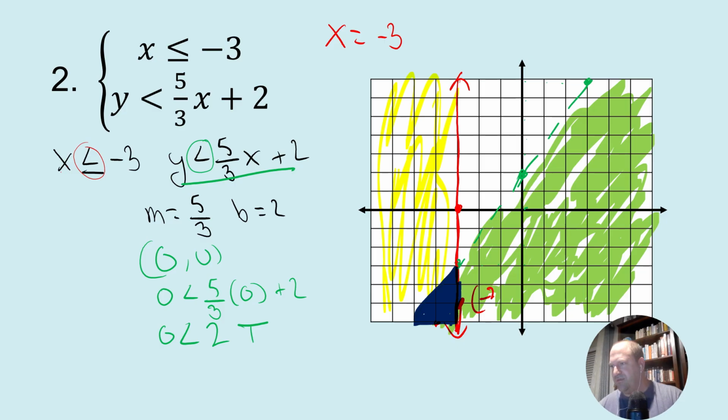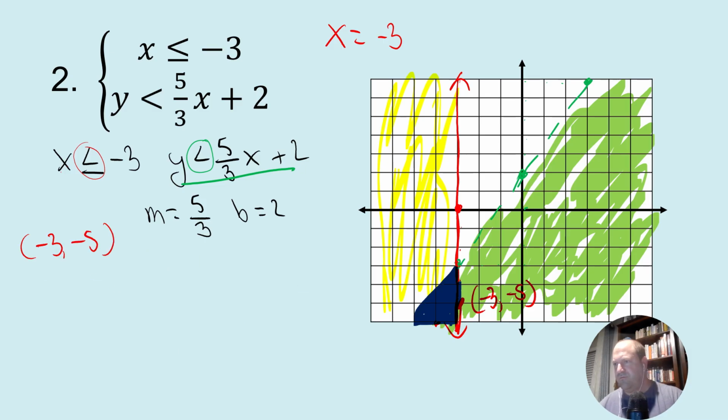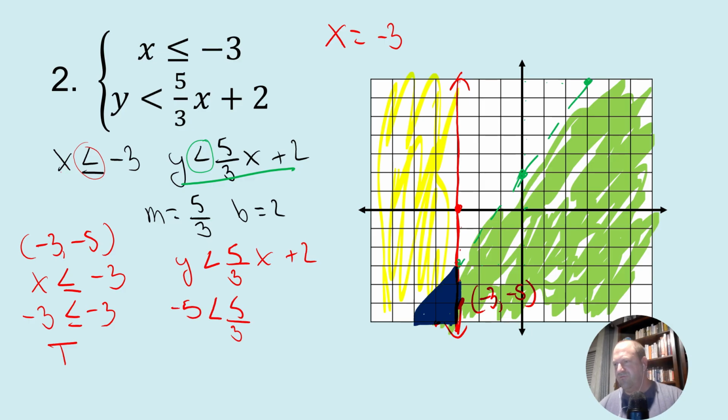So we can choose this point. This is going to be (-3, -5). Let's try that point in our system. We're going to have -3 is less than or equal to -3, which is true. And then in our second inequality, y is less than 5/3 times x plus 2, we're going to get -5 is less than 5/3 times -3 plus 2.